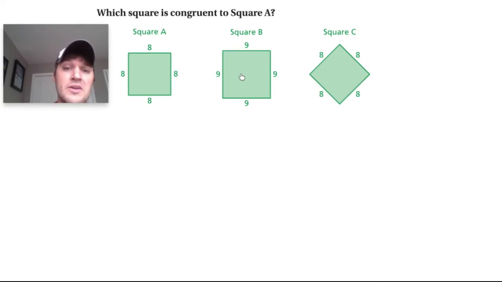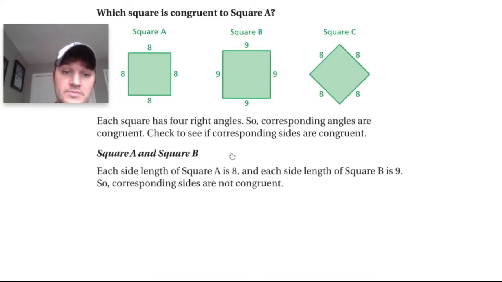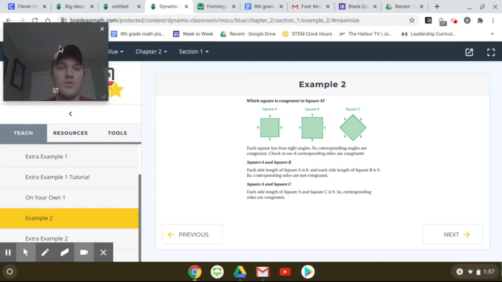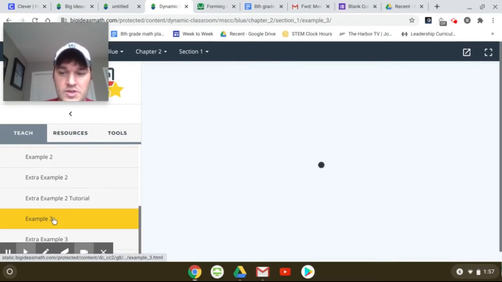Well, it's not B because its side lengths are bigger at 9. It's got to be square C. And the orientation, if it's rotated, doesn't matter. It's still the same shape. It's still the same size. So therefore, A and C are congruent.